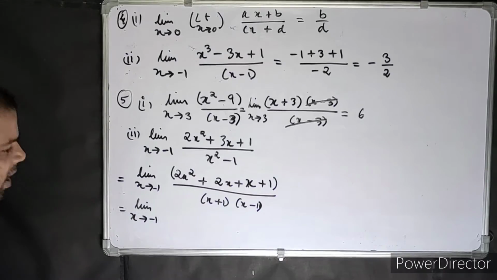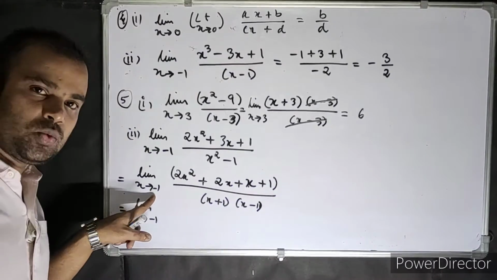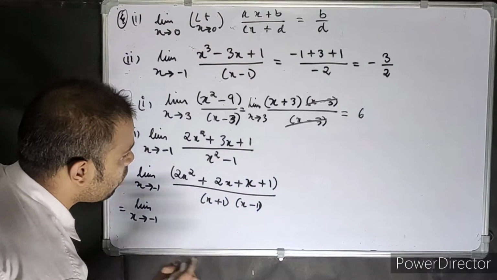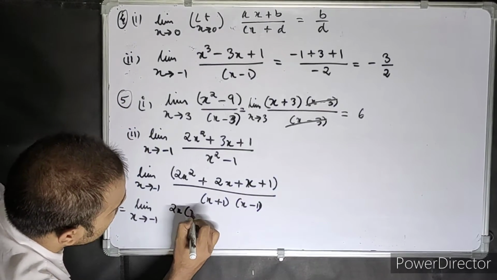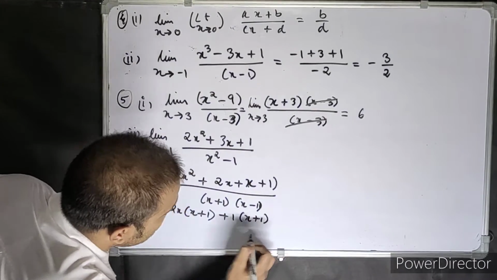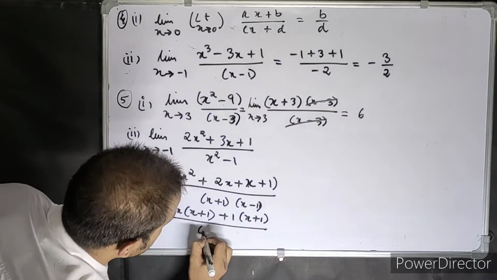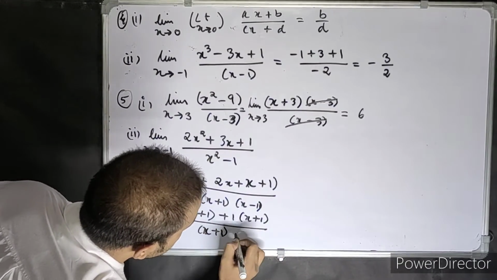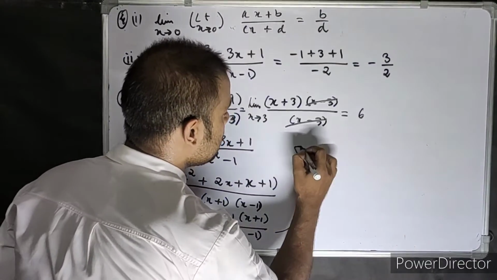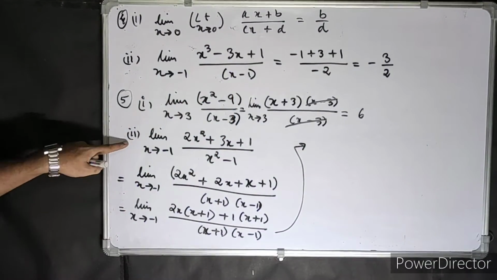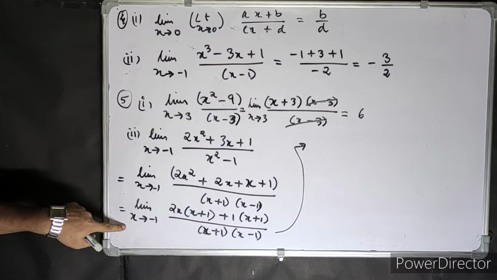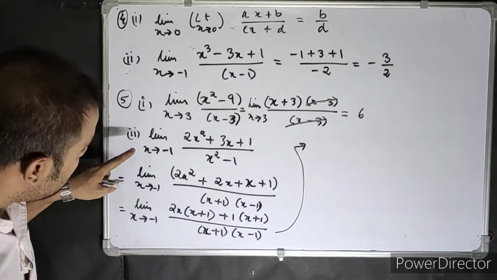X tends to minus 1. Sometimes I may have not written the minus 1. It's just because I'm doing it very quickly. Make sure you don't make the same mistake that I am making. You know what to do already. Until you put the value of x equals to minus 1, you have to keep writing this limit.